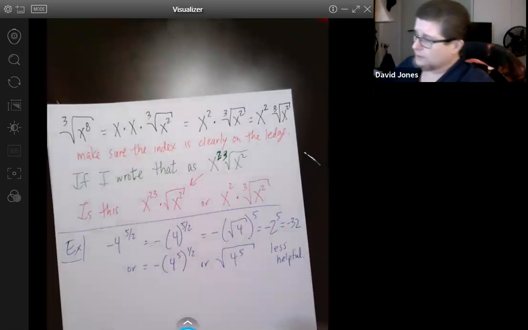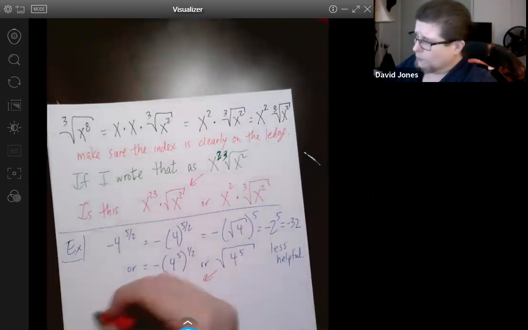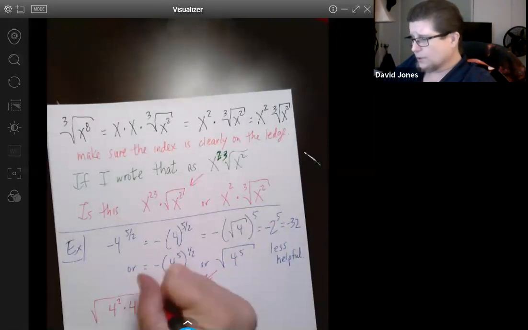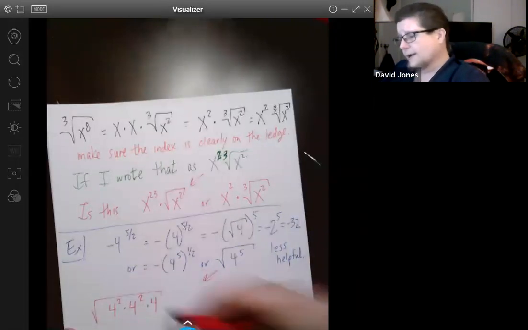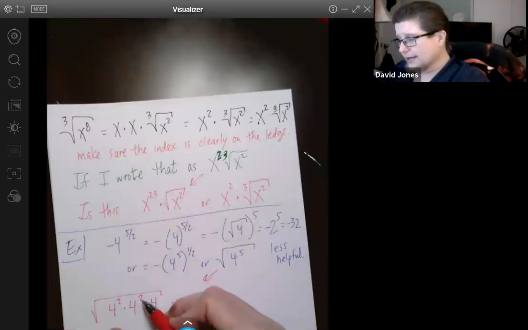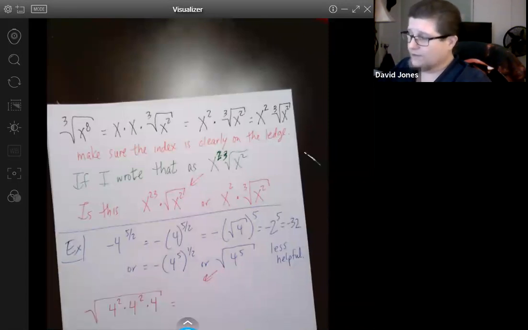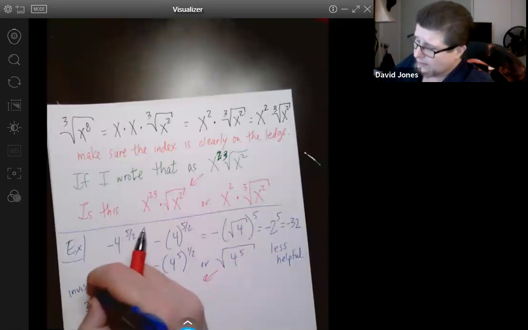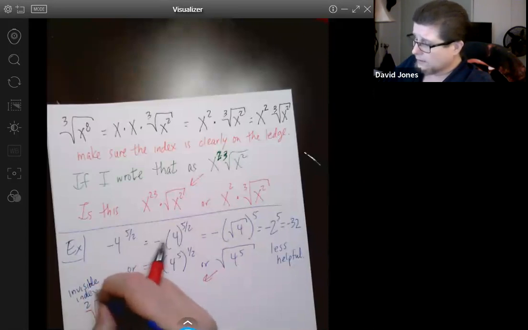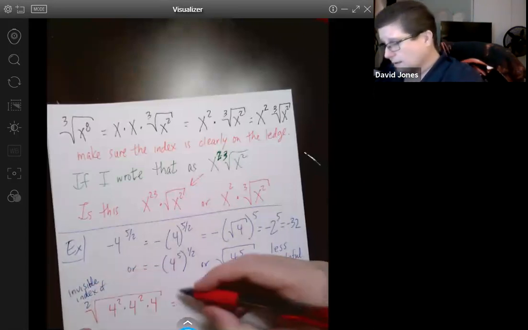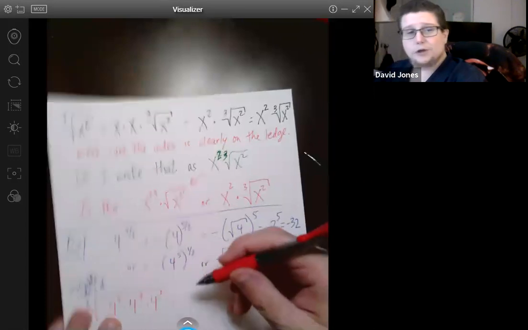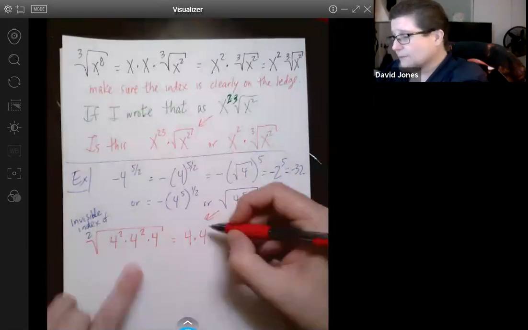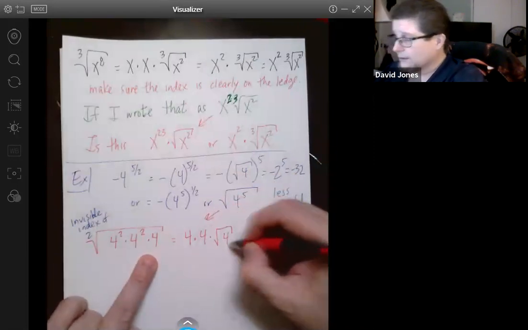But still usable. Doing what I said before, I could rewrite 4 to the 5th power as 4 squared times 4 squared times 4. And when the exponent matches the index, note the invisible 2, the invisible index, when the index matches the exponent, you can pull it out. 4 times 4 times, that one doesn't match, so I have to leave it as square root of 4.